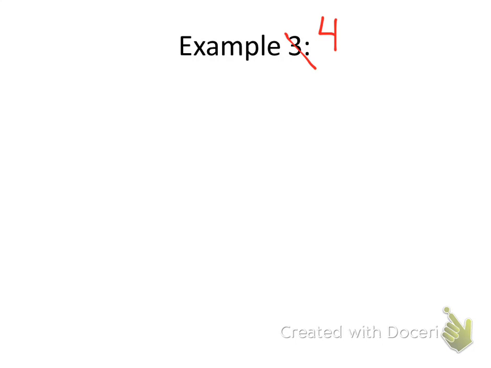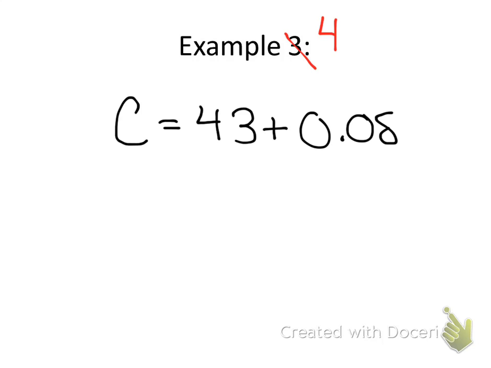The cost, which is going to be represented as C, is expressed by the formula C equals 43 plus 0.08 M, and M would stand for miles.